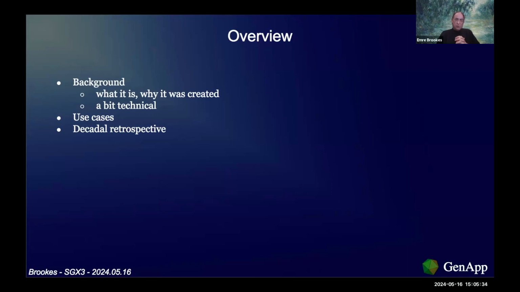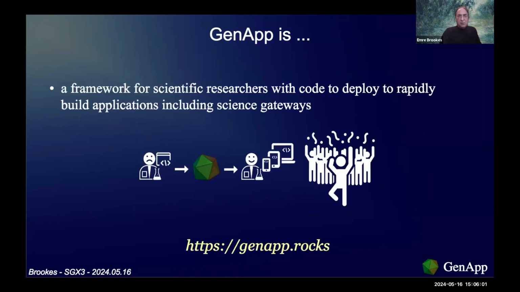Then I'm going to go over a series of use cases. We started this in 2014, so it's been a decade, and I want to share some thoughts I have about GenApp. So what is GenApp?